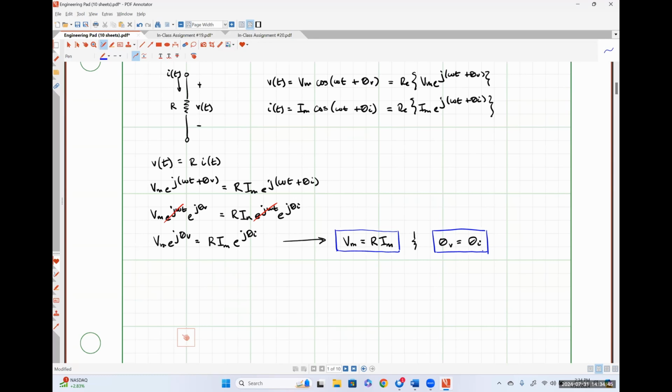What we're going to see in just a moment is that for an inductance and/or a capacitance, things get out of phase. Not to jump too far ahead, but in an inductance, the current will always wind up lagging the voltage waveform by a fixed amount.